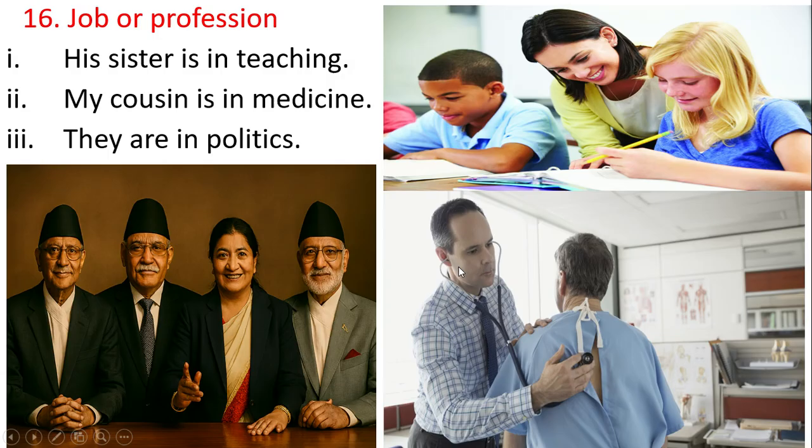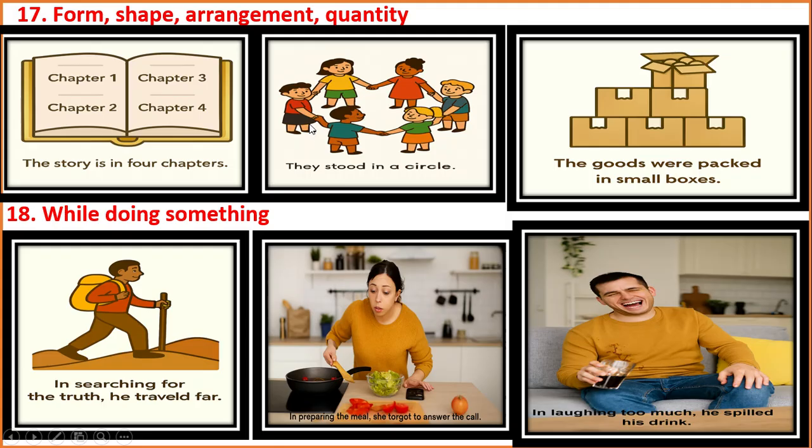This man is a doctor, so his job is serving and examining patients. This is a profession. Now, they are in politics. Now look at these leaders. What are they doing? They are involved in politics. So with job and profession we use the preposition "in".